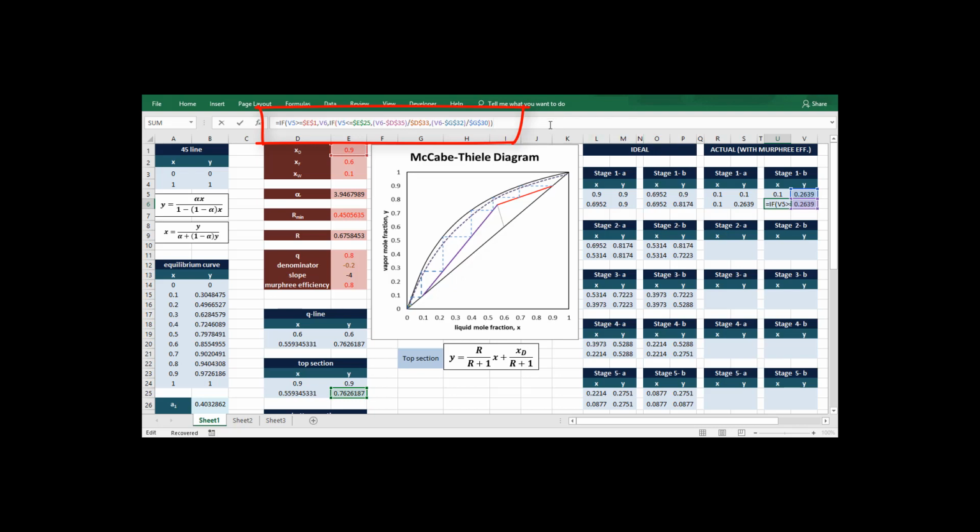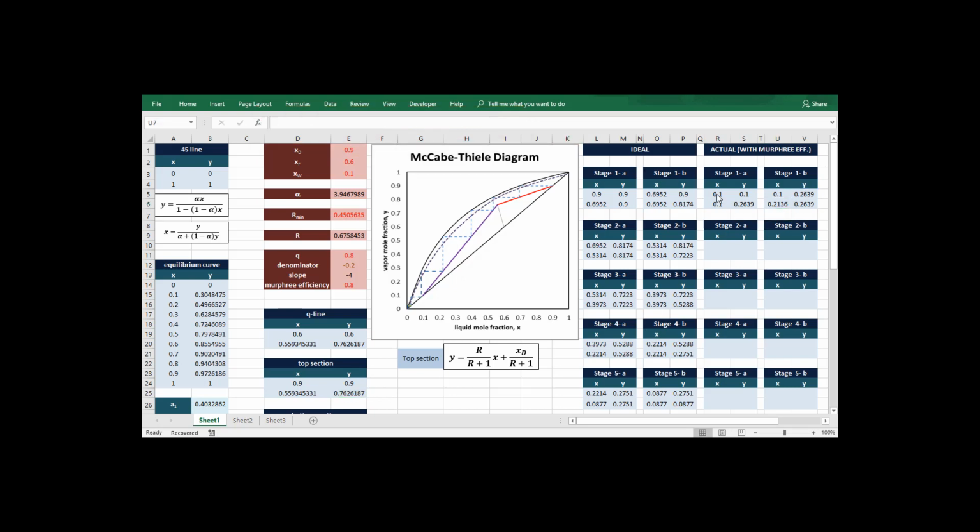If the initial y is less than or equal to the second value y2 of the top section, x is equal to y minus the bottom section y-intercept all over bottom section slope. Otherwise, x is equal to y minus top section y-intercept all over top section slope.